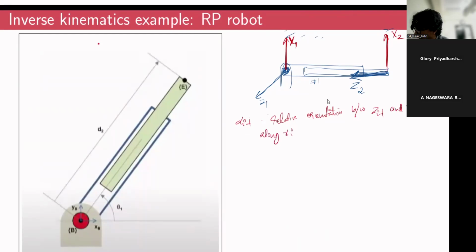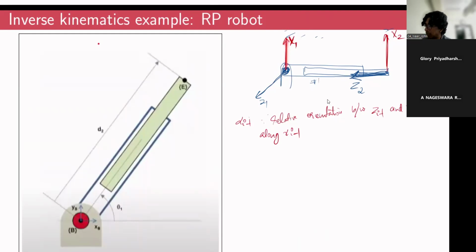So the relative orientation between Z1 and Z2 along X1, what is that?